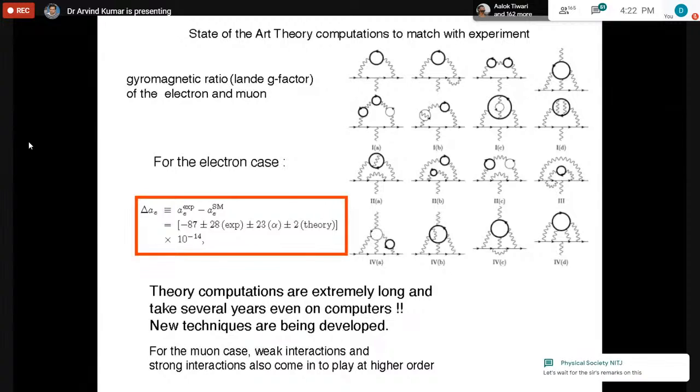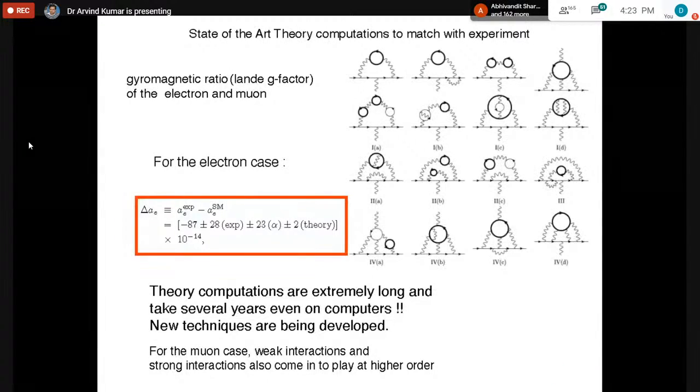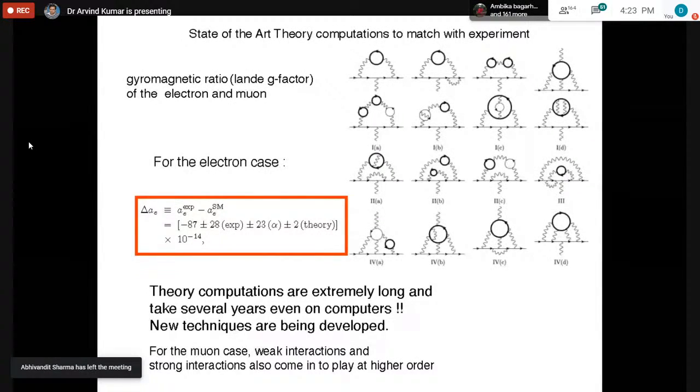People believe this is not because of higher order corrections, because the 4th order and a rough estimate of the 5th order are almost the same. The 5th order computation seems to say they're not improving. They are not of the order of 87 into 10 power minus 14. They cannot account for this kind of discrepancy, the 5th order perturbation theory or 5 loop computations.